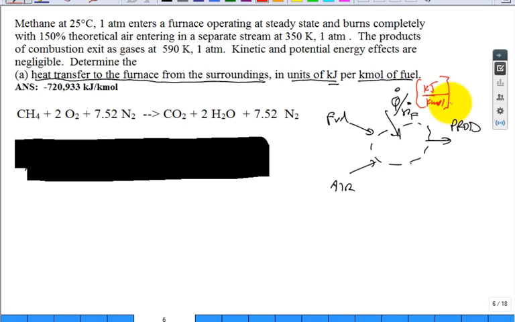All right, so now if I think about it, what's happening inside this furnace? Combustion. Your experience: combustion makes things hot. It's a heat release. It's exothermic. From chemistry, you had exothermic reactions, you had endothermic.